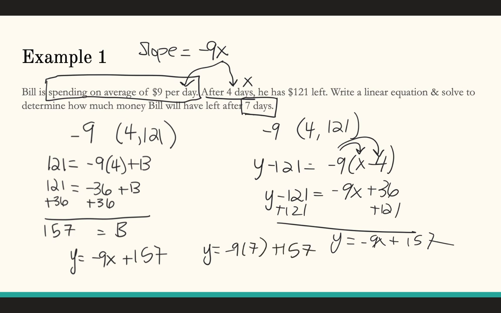If we do -9 times 7, we get 63, and it's negative, plus 157. We would simplify and get 94. So after 7 days, he will have $94.